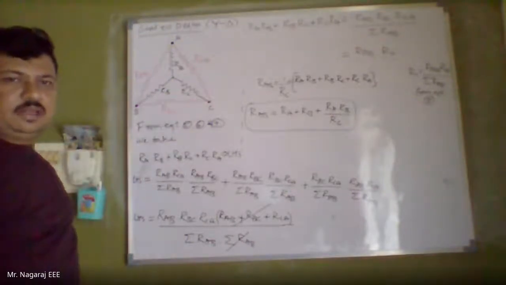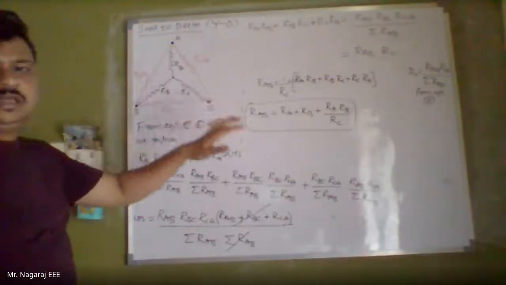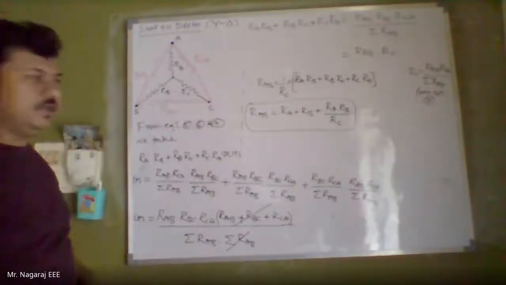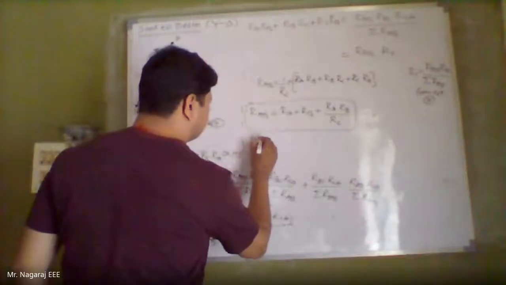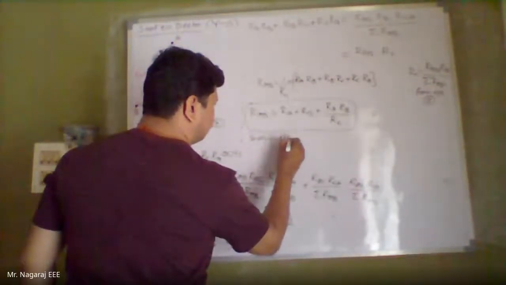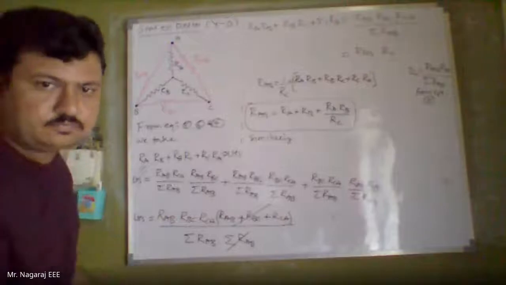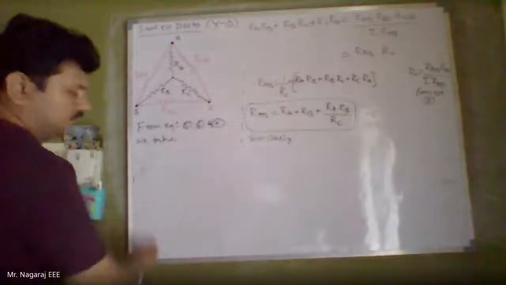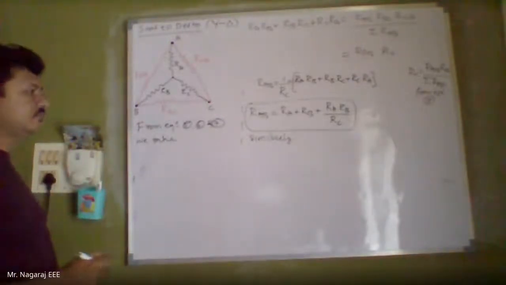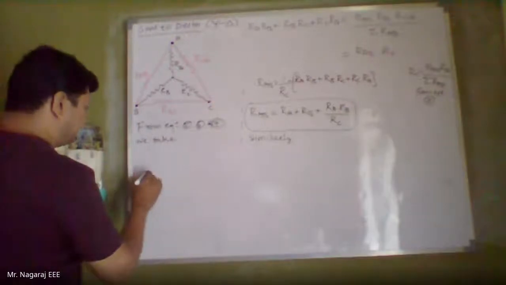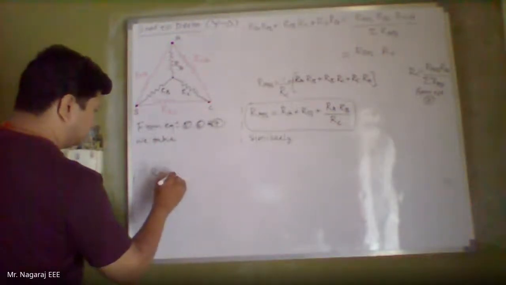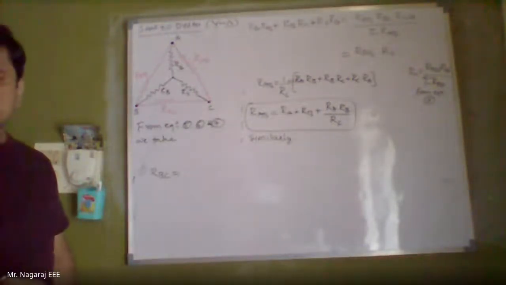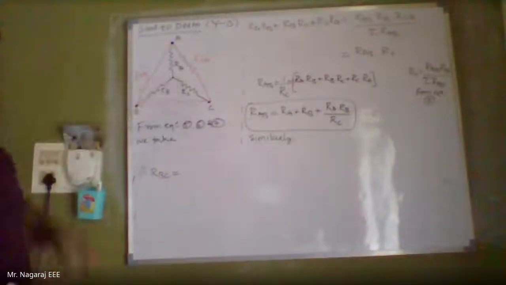By applying this logic, I take the resistance between B and C and between C and A. Similarly, RBC is equal to, what are the resistances connected between B and C? RB and RC.